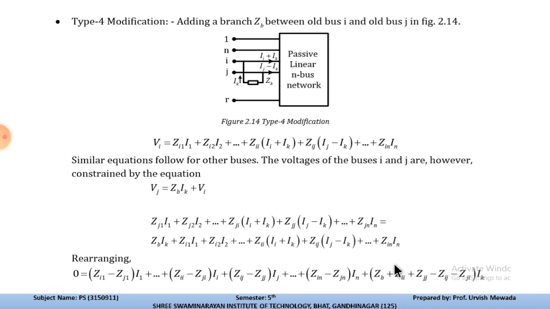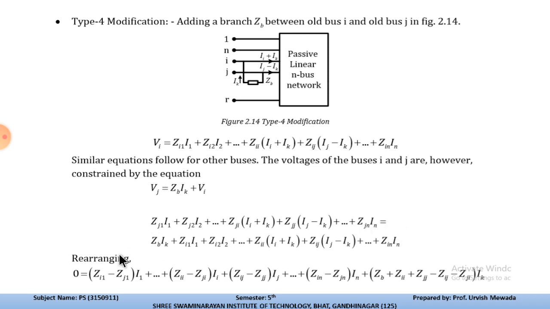Now rearranging the above equation, the voltage is considered over, we are setting it to 0. Moving the impedance from this side, this side becomes 0.